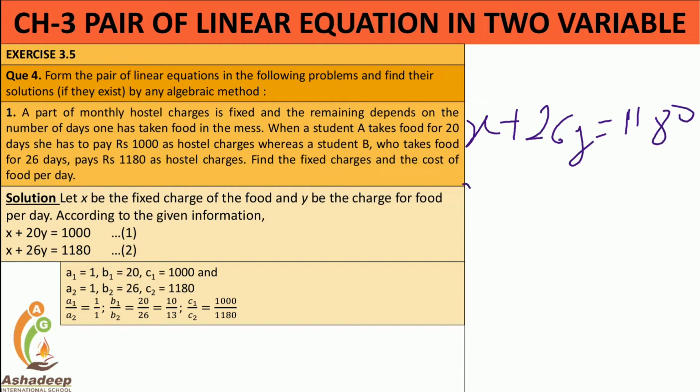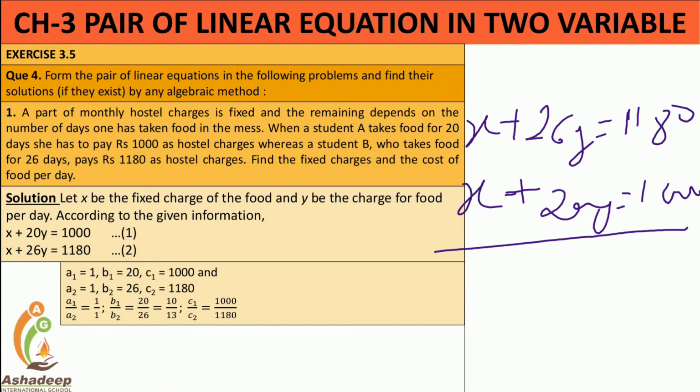Another one is X plus 20Y is equal to 1,000. Now subtraction means plus becomes minus, and if it is minus, then it becomes plus. Okay, now X cuts.